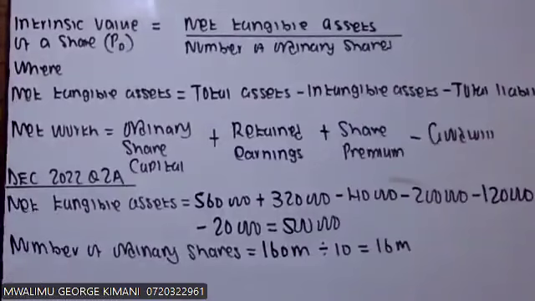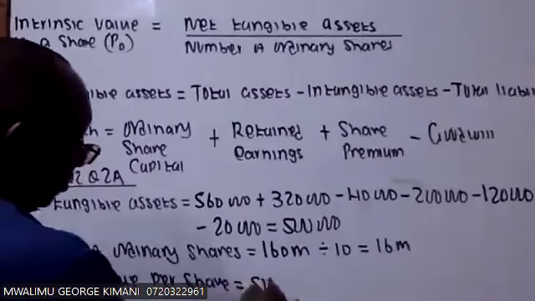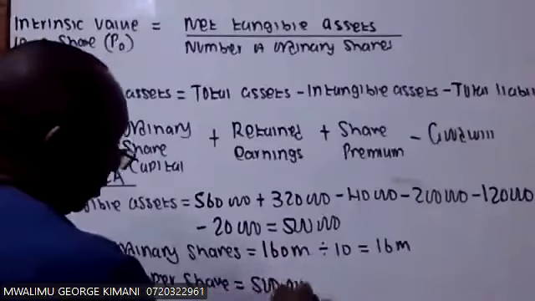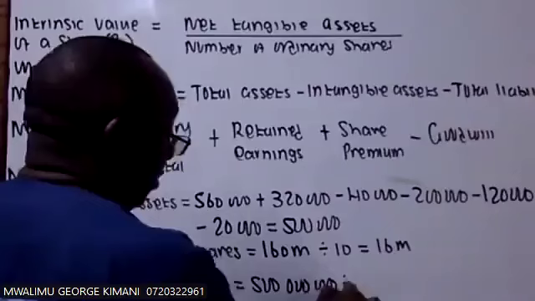Therefore, the intrinsic value per share will be 500 million. Remember, these figures were in thousands. So it's 500 million, you divide by 16 million.